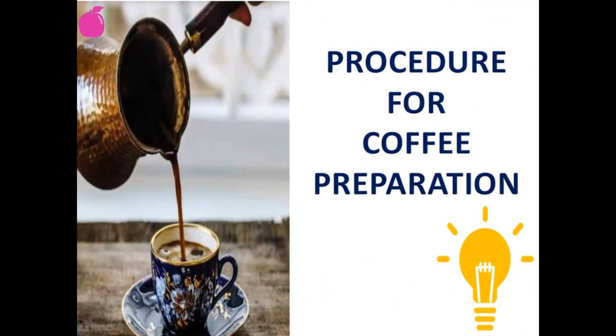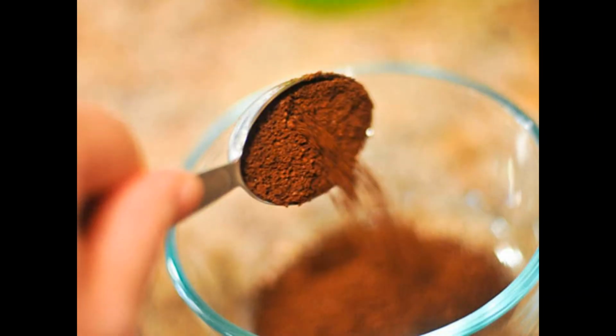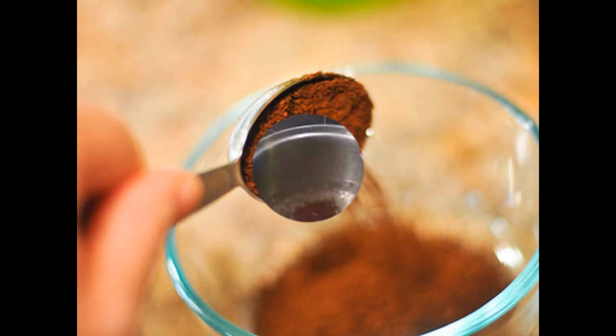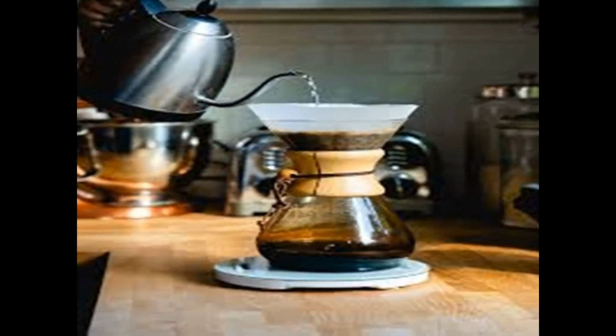Let us see the procedure for preparing coffee. Step 1. Take a bowl with coffee powder. Step 2. Boil the water and pour it into the bowl. Step 3. Filter it.